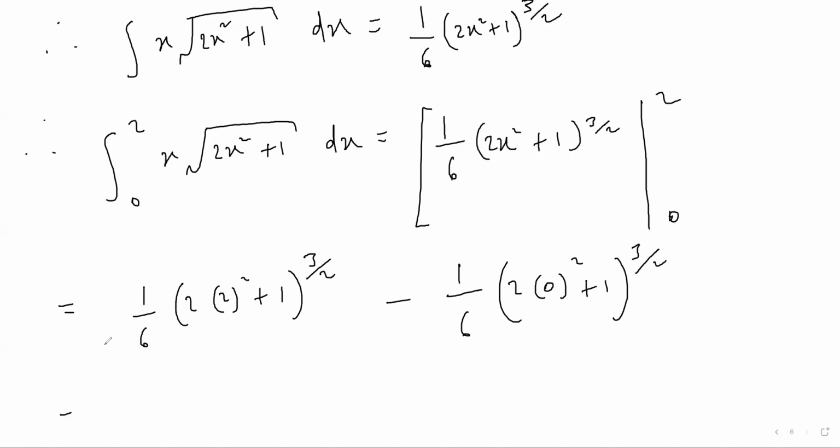If you work this out in your calculator, you find the first term minus the second term, and when you work that out, you get 13 over 3. So that's the answer to this definite integral.